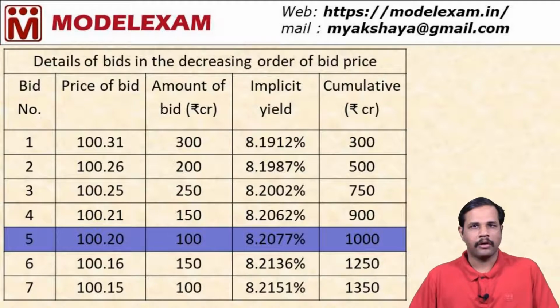So this 100.20 shall become the cut-off price, and yield shall be calculated. There is a separate formula for yield also. Yield shall be calculated with 100.20 as the reference level, and that yield becomes the coupon rate now. So now the coupon rate becomes 8.2077. So this is how the coupon rate is arrived at. Coupon rates are arrived at based on the cut-off price.